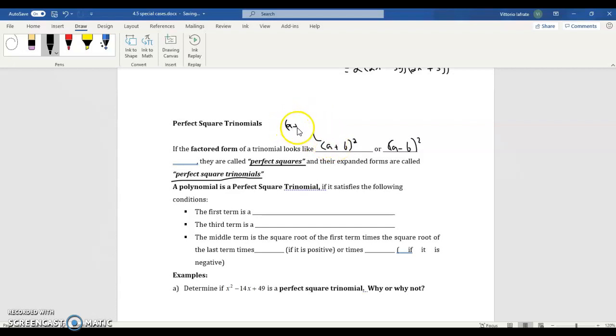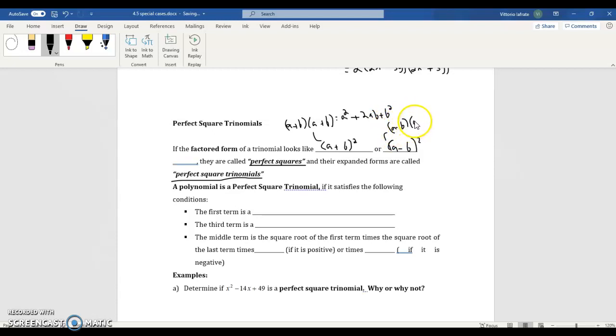So an expanded form of this would be, if you were to just write this out as a plus b multiplied by a plus b, you would get a squared plus 2ab plus b squared. Whereas if you had this one here, its expanded form would be a minus b times a minus b.